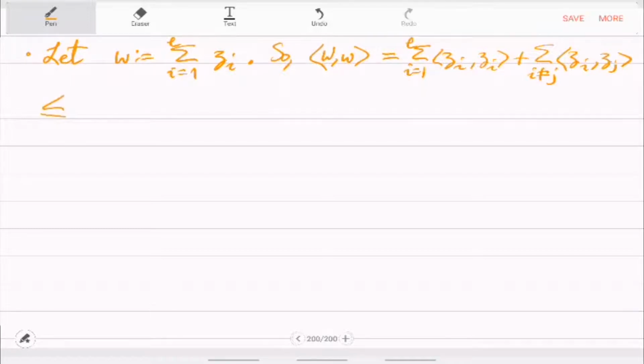Now zi with itself, coordinate by coordinate, will be all plus 1 values, so that's m.